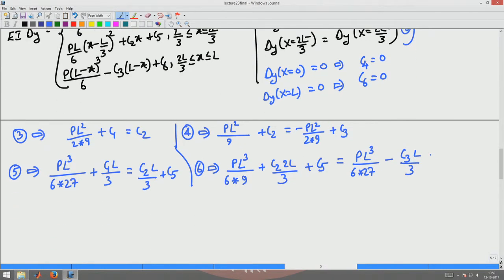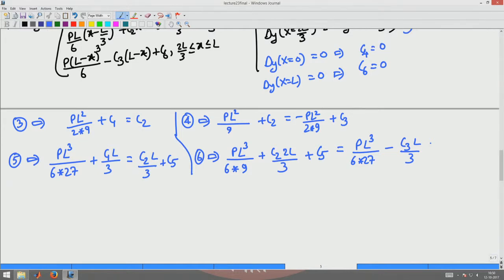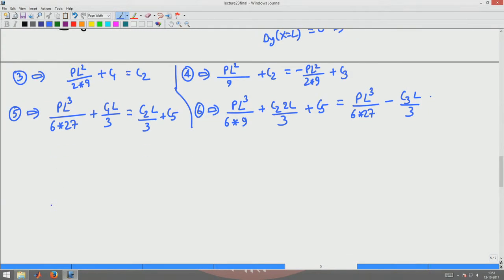Okay. Now, these are linear equations involving 4 constants C1, C2, C3 and C5. I have to solve the system of linear equations. I will write it in the matrix form and then I will ask you to invert and solve it.